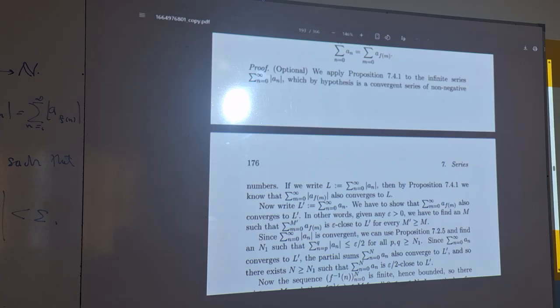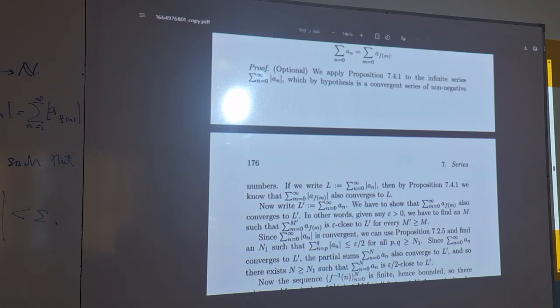Since the sum of a n converges to L dash, since what? That's it. Is it right? Yeah, that's the value we gave, L dash equals. That's what he gave. Okay. We have L for with the absolute sign, L dash for without the absolute sign.